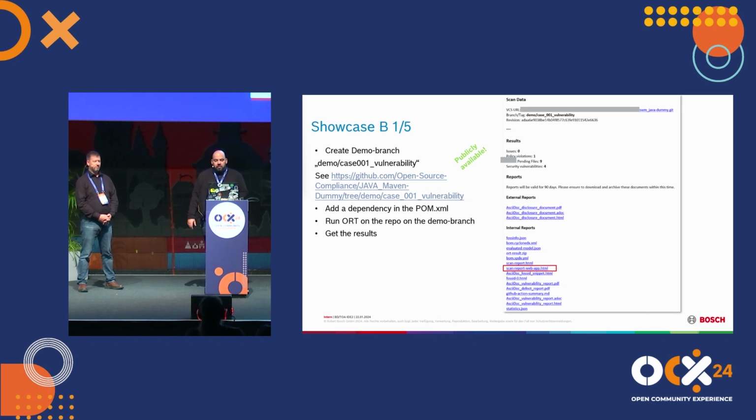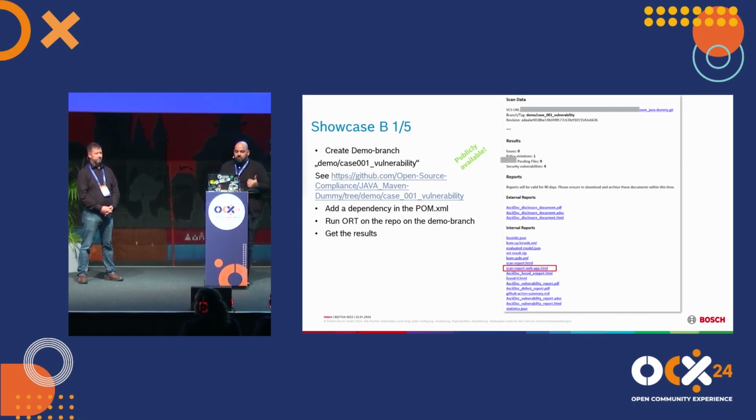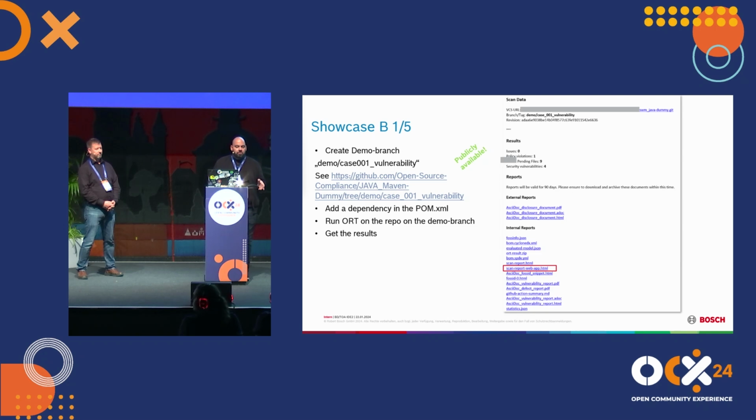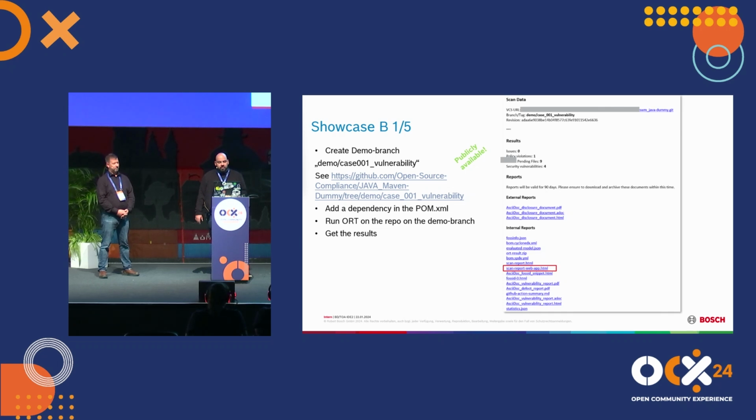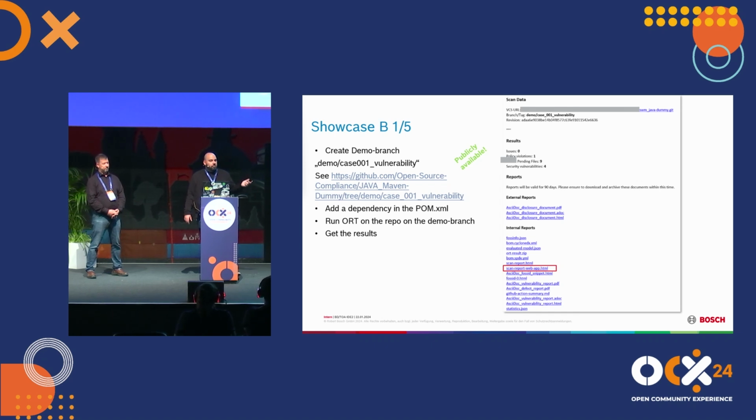What we showcase here is, again, publicly available. All the links you can follow when you get the slide deck. The way to do it is pretty much the same. As I've mentioned, you create your custom branch that you use for benchmarking. You add your dependency. For example, this is a Java Maven project, so you add the dependency to your POM XML file, and then you scan with ORT.